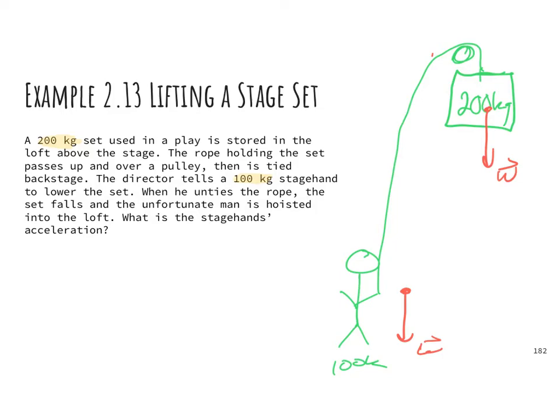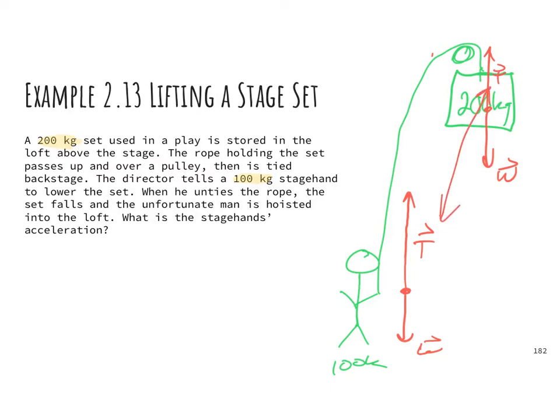So there is going to be a very large tension going up that is in fact larger than the weight of the man, but it's caused by the weight of the set. There's also this tension right here, and since this is an ideal pulley, and these two things are attached to each other, these two tensions have to be the same.